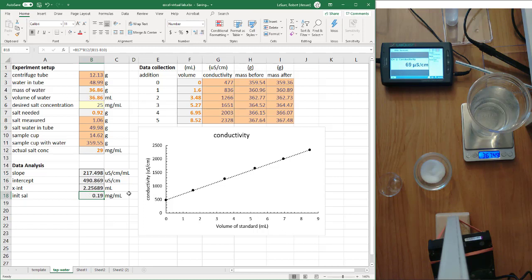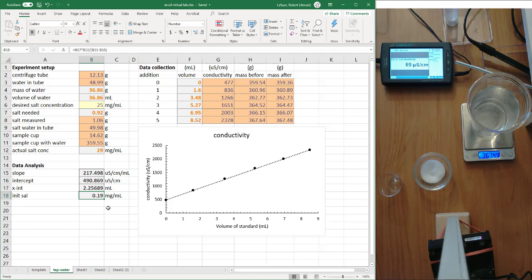So let me do something like 0.19 milligrams per milliliter, and that is within the limits that one would expect for tap water in New York. 0.2 milligrams per milliliter or 200 milligrams per liter is the standard. So that number seems reasonable, and I'm pretty happy with that result.